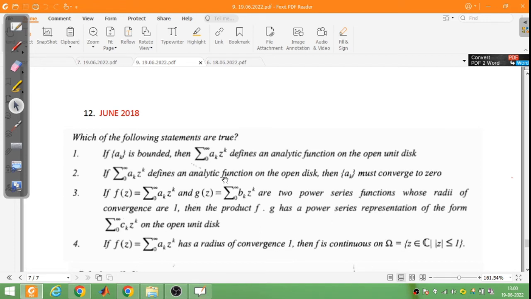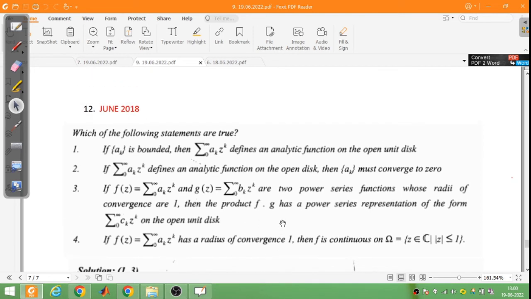Which of the following statements are correct? This is a Part C question, ma'am. Last time, June 18 asked this question, and June 19 also had a Part C question. I didn't work through that June 19 question paper.